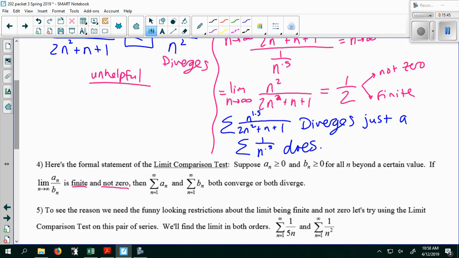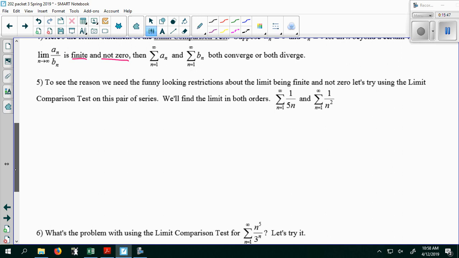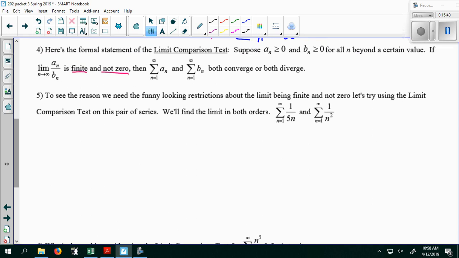So let's compare two things that we know have different behavior. 1 over 5n, we know diverges, and 1 over n squared, we know converges. So if I apply the limit comparison test, I should get either infinity or 0 as my limit. Let's do a quick check.